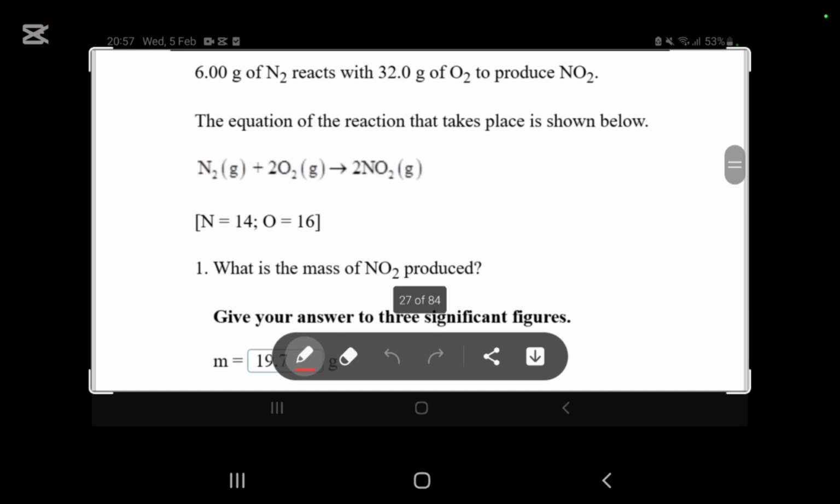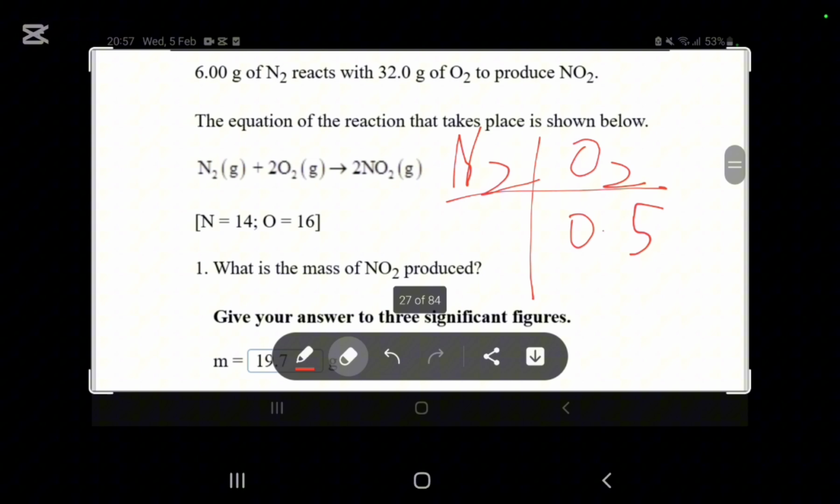Wait, we're gonna have to find the limiting reagent first, so we're gonna do N2 and then O2. Here it's gonna be 1 mole, but since the coefficient is 2, we divide by 2, which will give us 0.5 here, and then for N2 we do 6 divided by 14, which will give us 0.43.